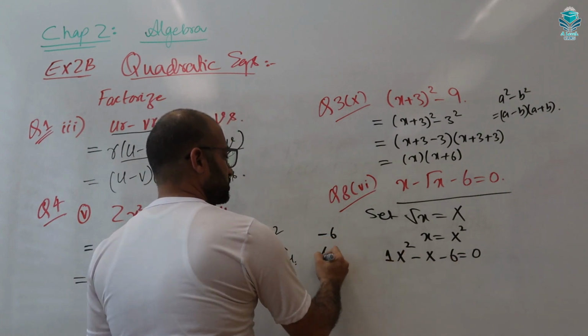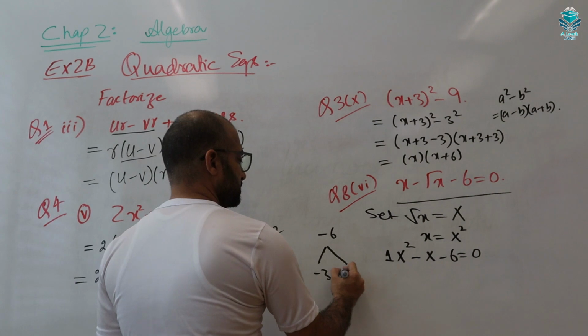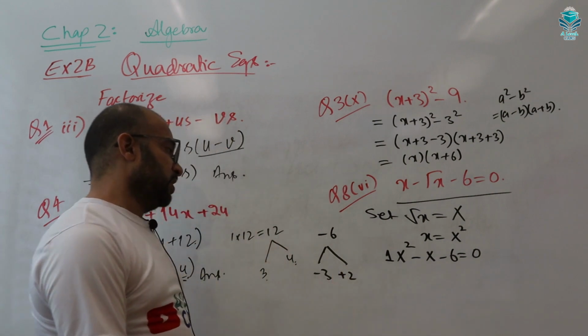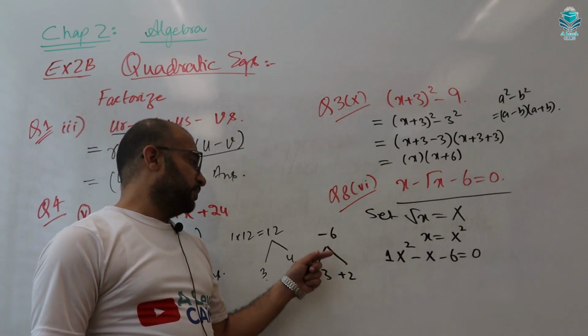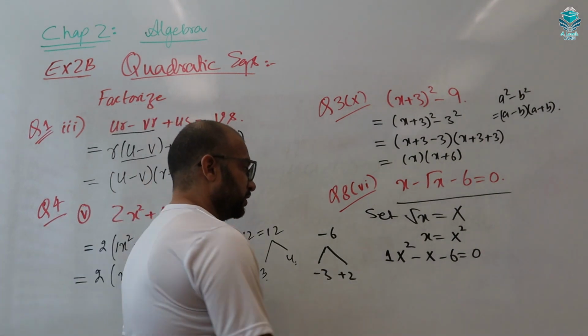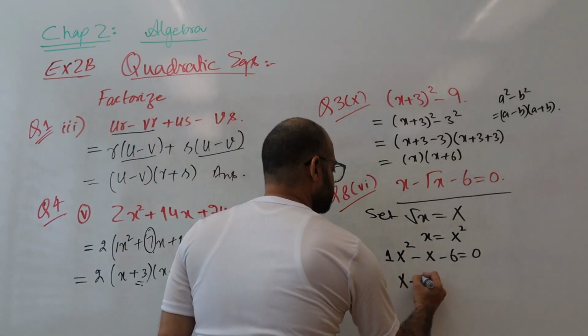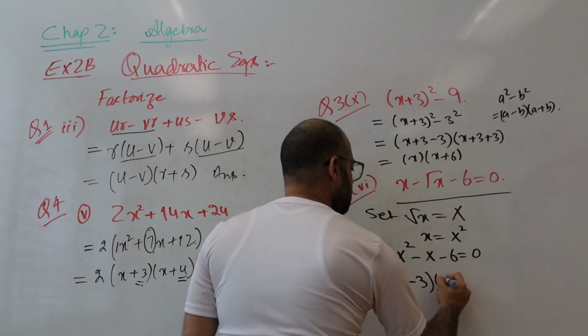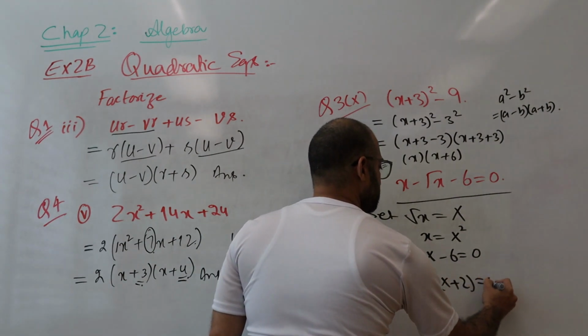You have minus 6. You can factorize it as minus 3 and plus 2. When you multiply you will get minus 6 and when you add you will get minus 1. So here I can write x minus 3 and x plus 2.